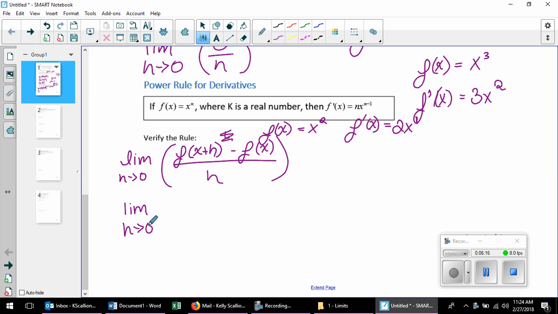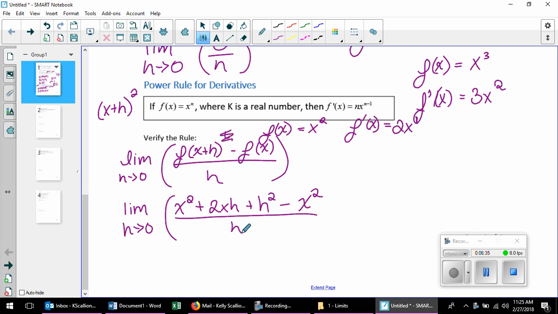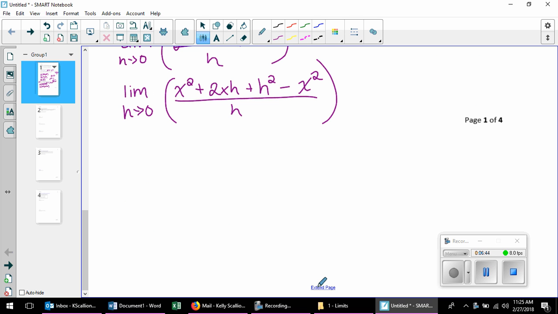Okay, so if I were to expand this, this would be x plus h squared for the y value. So this would be x squared plus 2xh plus h squared minus x squared all over h. We did this before. So the x squareds go away.